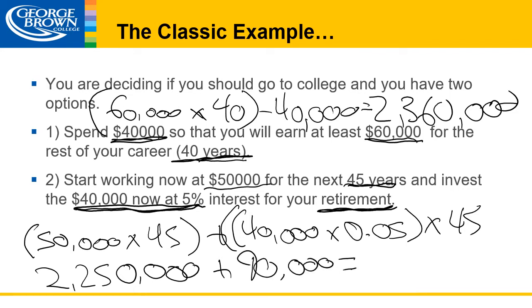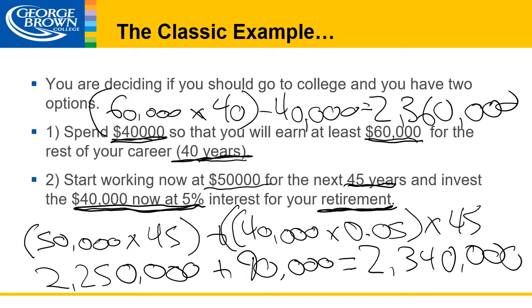If we do the addition quickly, we get 2,340,000. So that's our initial benefit for each option.